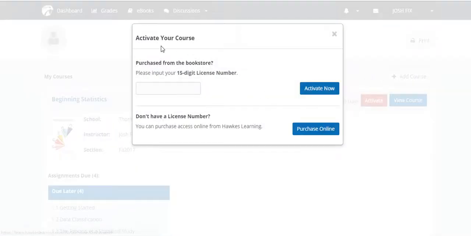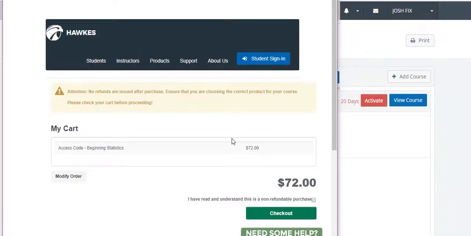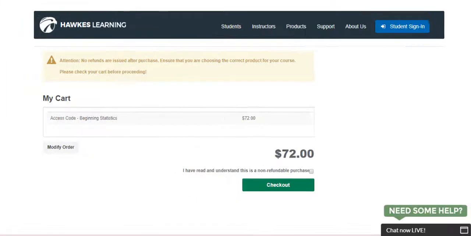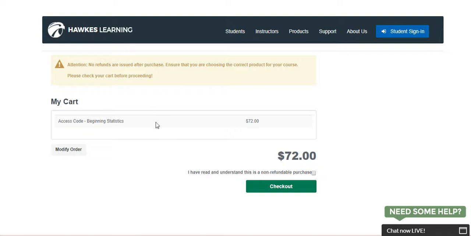I can either type in the 15-digit license number that I purchased from a bookstore or someplace and click activate, or I can purchase online. I can go straight to their website and make the purchase there. It's $72 versus $82 from the bookstore, so you might want to consider that.